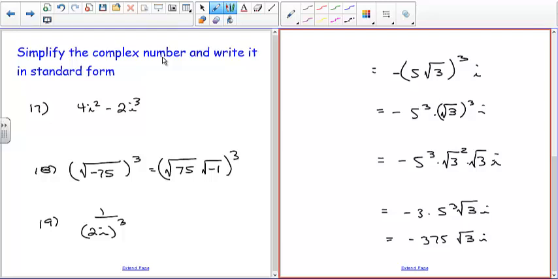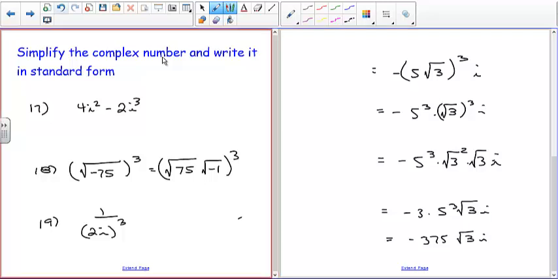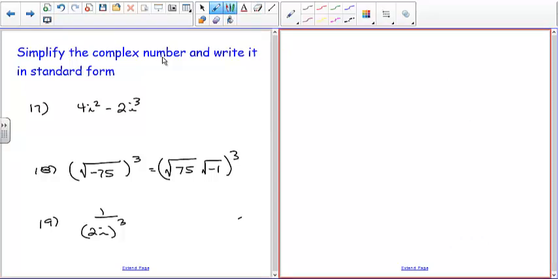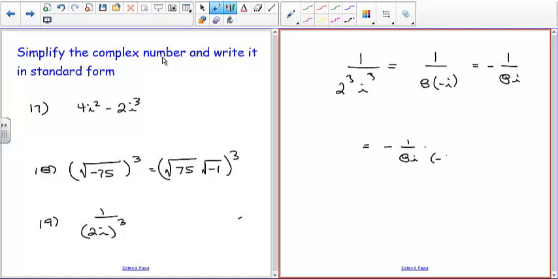Okay, and then the last one, you've got 1 over 2i cubed. So what you'd end up with is 1 over 2 cubed times i cubed. And 2 cubed is 8, and i cubed is negative i. So you get negative 1 over 8i, but we don't want to leave it that way. So we're going to multiply by the complex conjugate of 8i, which is going to be negative 8i.